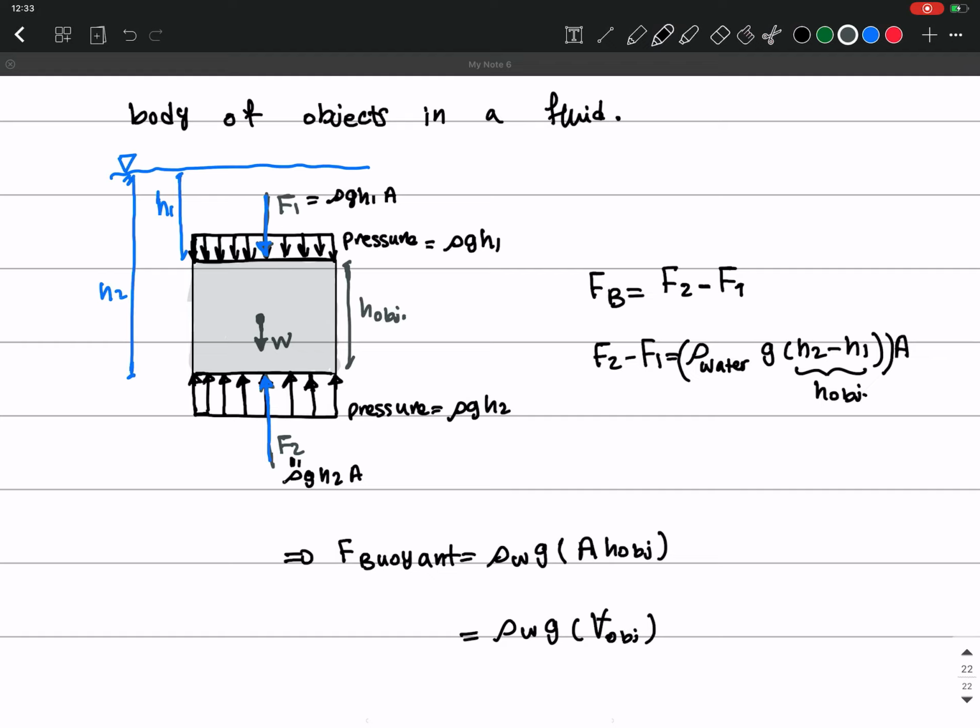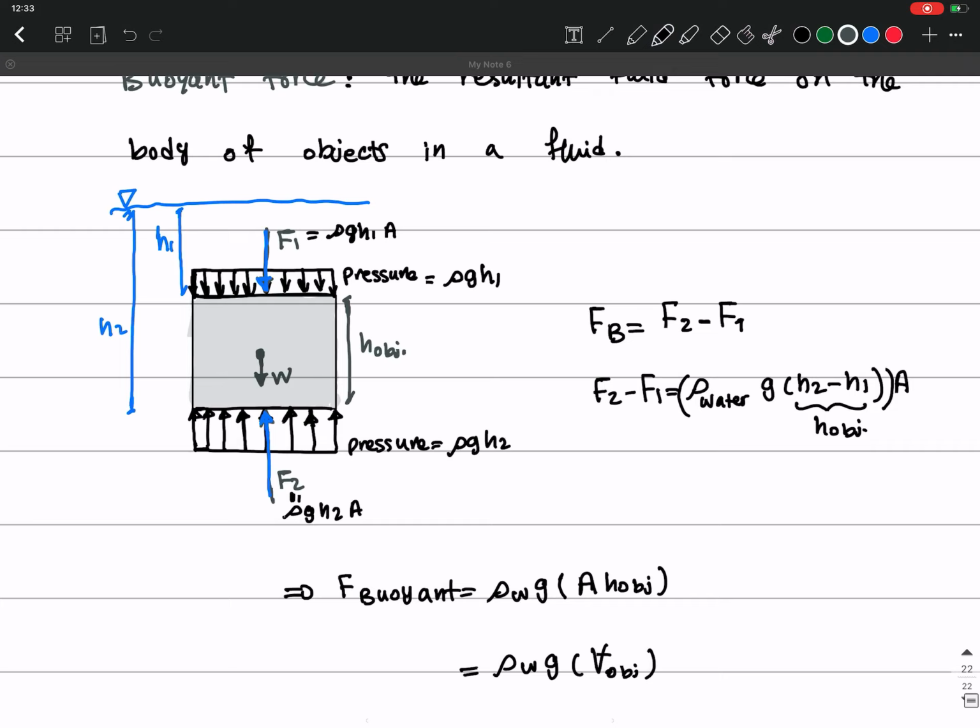Okay, so this is an interesting formula. This means how much force a fluid exerts on any object that is inside it. The amount of the force is rho water, g, and the volume of that object. So it doesn't matter what the density of that object is.